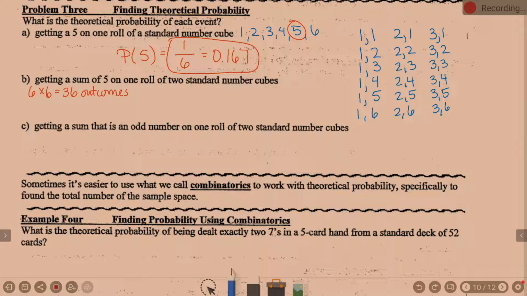What else could we get on that first die? A 4. You get a 4 and a 1, a 4 and a 2, a 4 and a 3, a 4 and a 4, a 4 and a 5, a 4 and a 6. What else? A 5. You could get a 5 on the first die, a 1 on the second. 5 and 2, 5 and 3, 5 and 4, 5 and 5, 5 and 6.